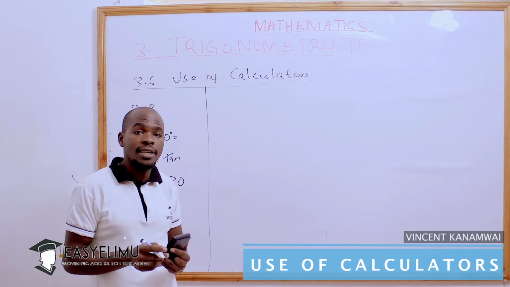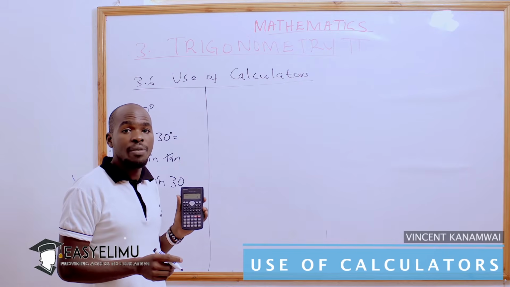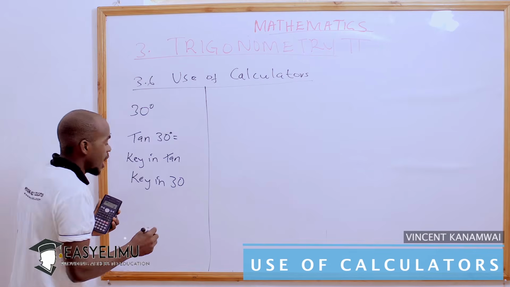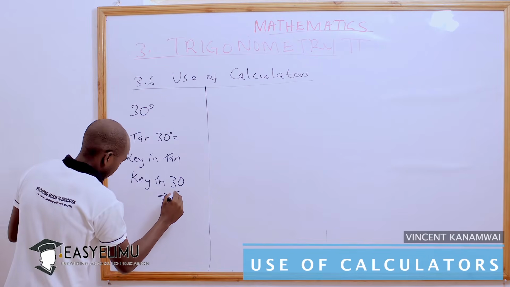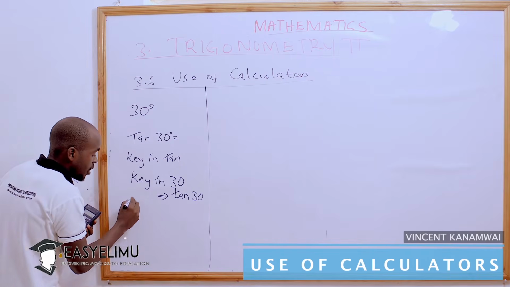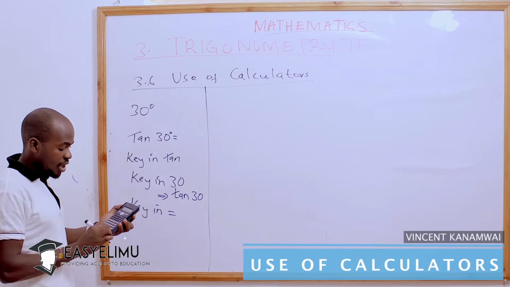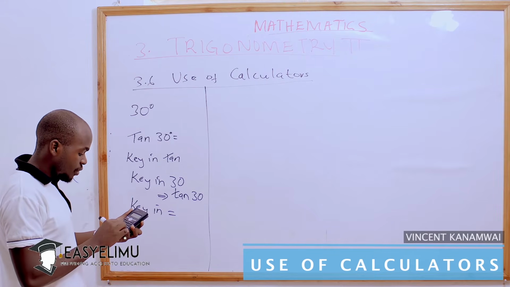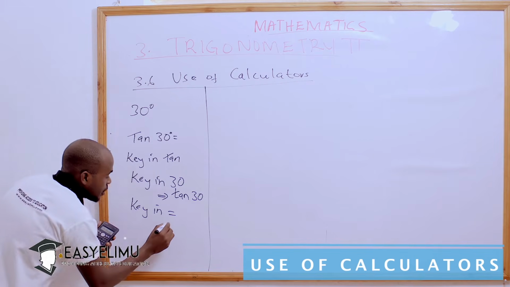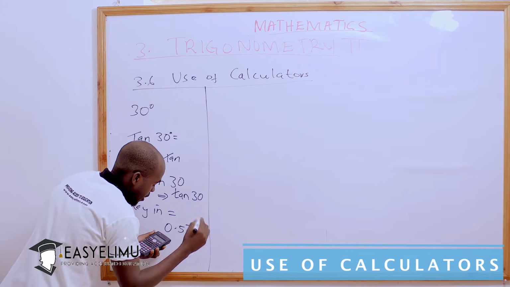If I key in 30, the calculator will know that I have directed it to calculate the tangent of 30 degrees. So the calculator writes tan 30. Then after that, you key in the equal sign, and it will display 0.57735 and so on.